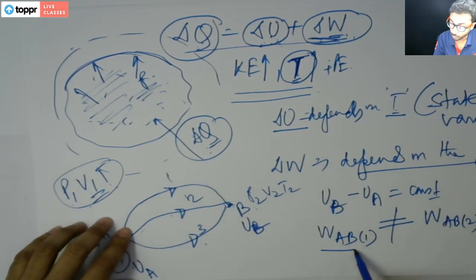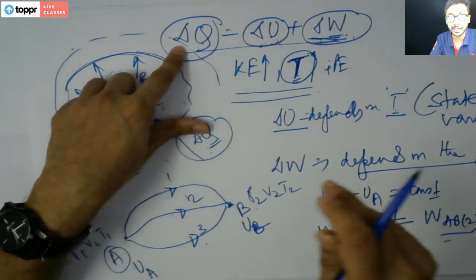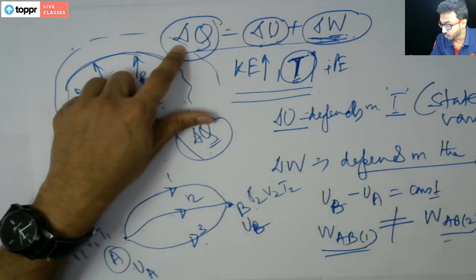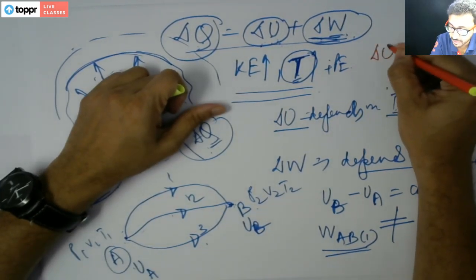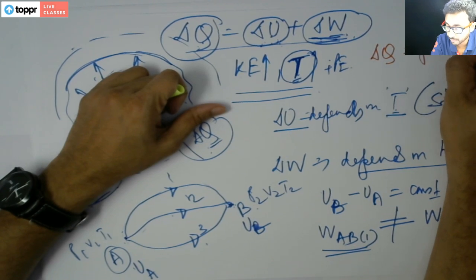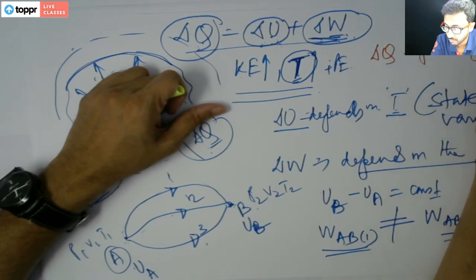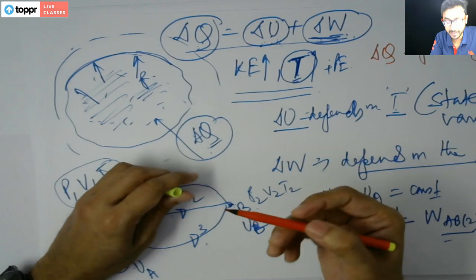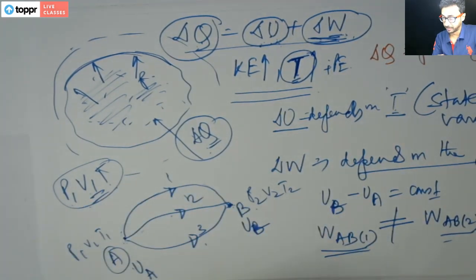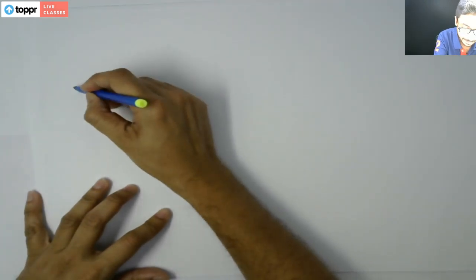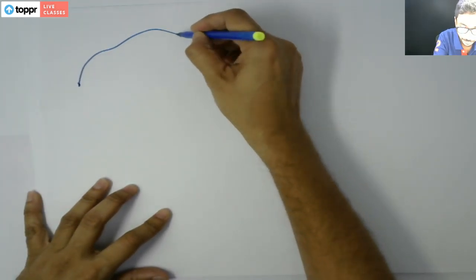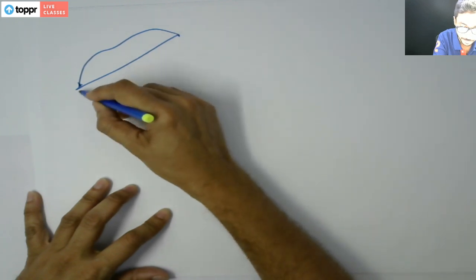And if work done is different, then definitely del Q is also different. So I can write del Q to be also a path dependent function. Understand? We'll explain this with the help of a problem. Okay, let us see. I'll do a problem like this, very simple, similar problem.